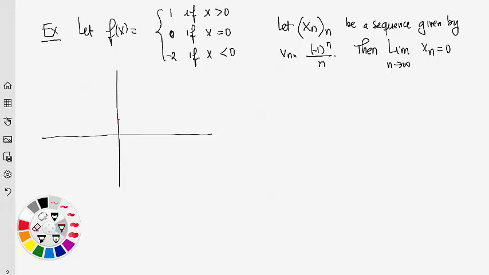This is 1, open here, and then negative 2 in there. This is the graph of y is equal to f of x.